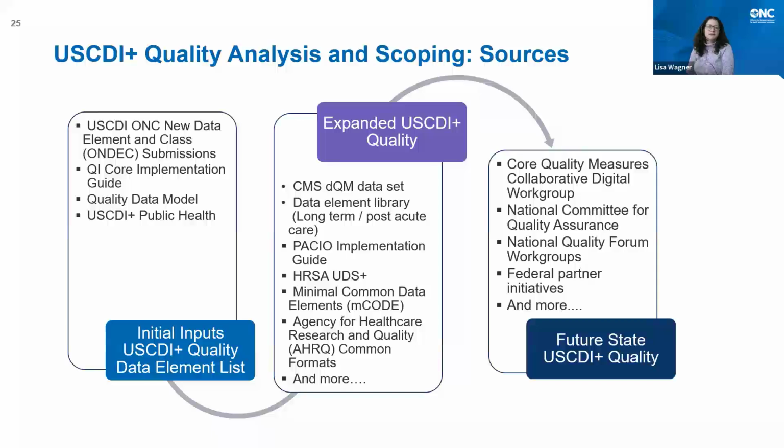And then here is a little bit more detail about where we started our analysis and where we plan to go. As I mentioned, we did start as a baseline of looking at USCDI and seeing where there are commonalities or submissions for USCDI that apply to the quality space.